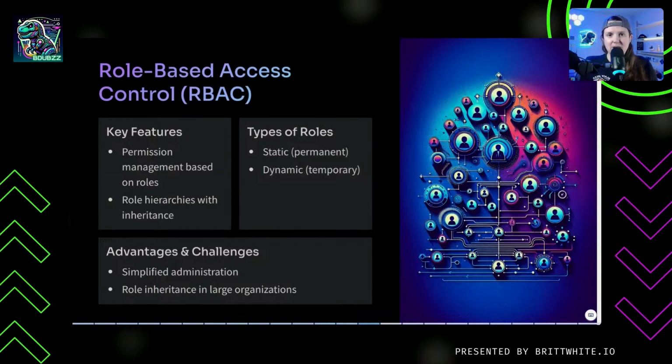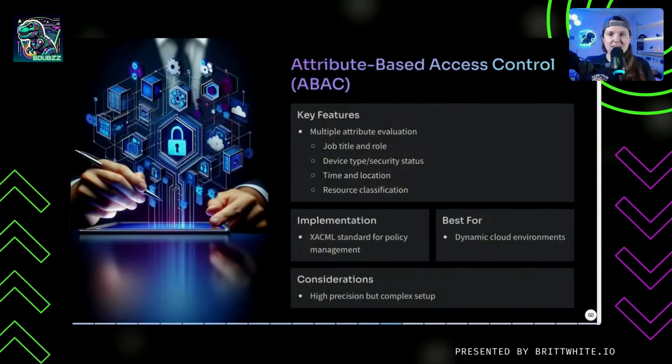Now, Attribute-Based Access Control, or ABAC, is the flexible champion of access control systems. ABAC makes decisions based on a wide range of attributes, including job title and role, device type and security status, time and location, asset sensitivity, security clearance level, resource classification, current risk level, and IP address.